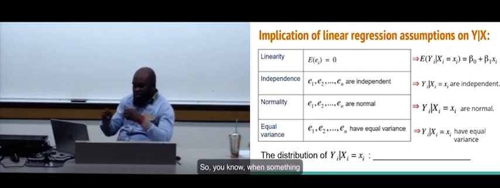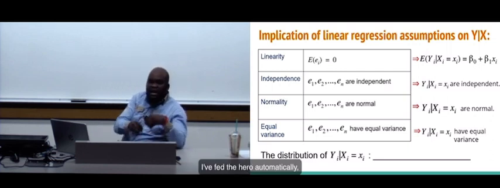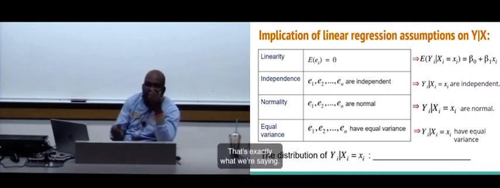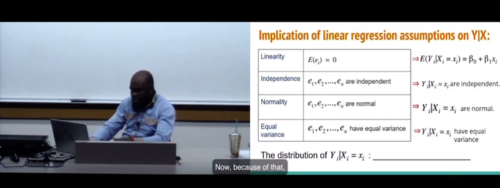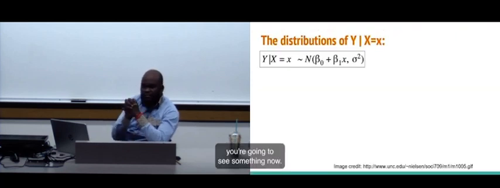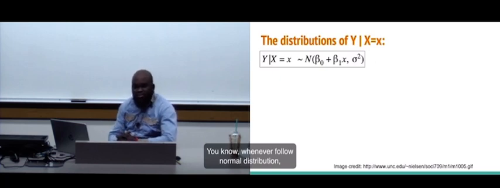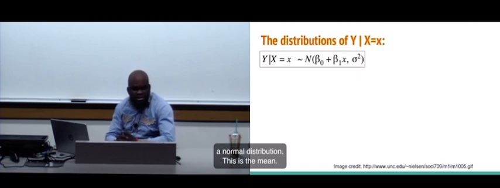So when something affects the error, automatically it will affect the quality of the model. That's exactly what we're saying. Now, because of that, you're going to see something. When error follows a normal distribution, the response variable given x is also going to follow a normal distribution.